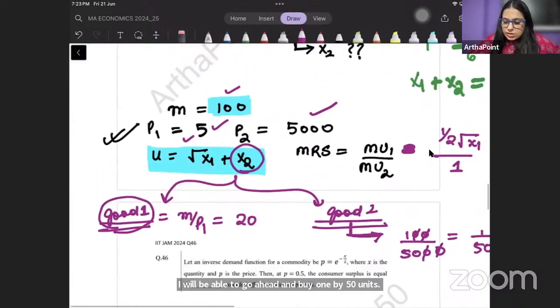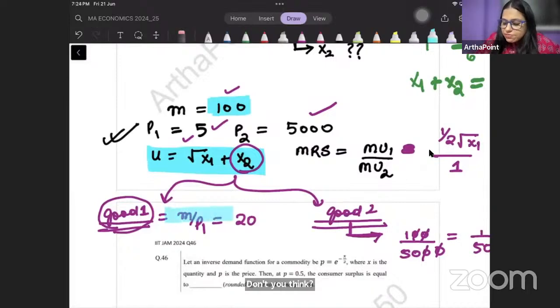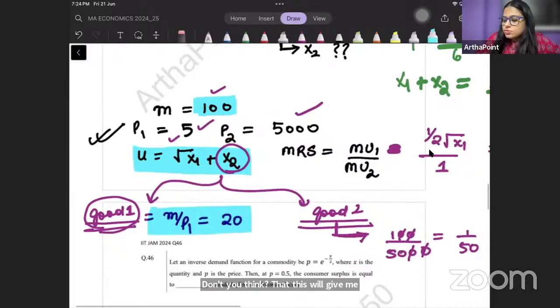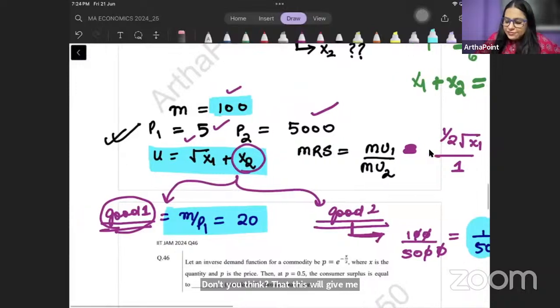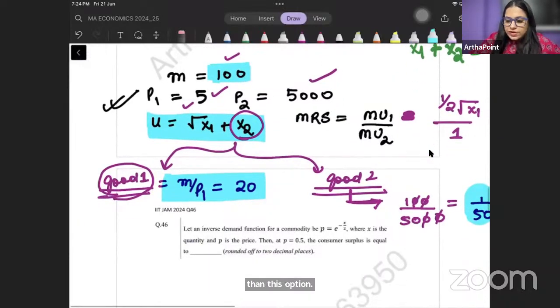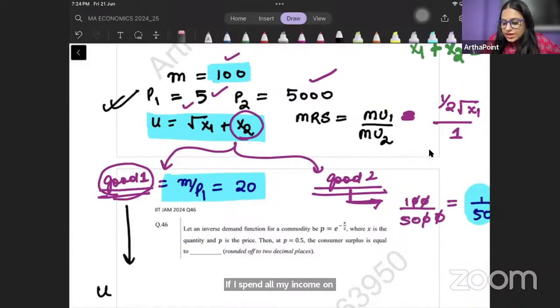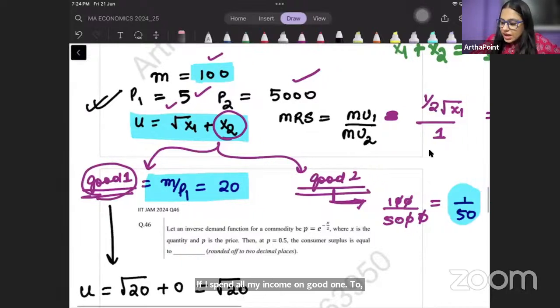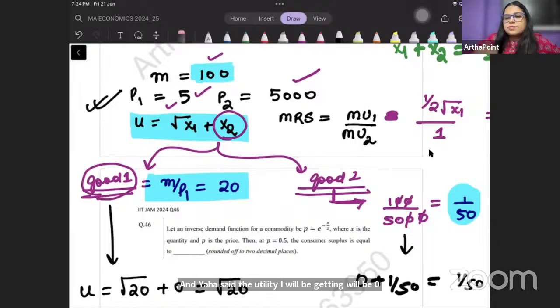Don't you think that this will give me more utility than this option? If I spend all my income on good 1, my utility will be root 20 plus 0, that means root 20. And here the utility I will be getting will be 0 plus 1 by 50, which means 1 by 50.